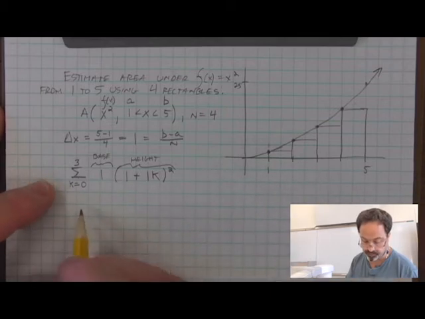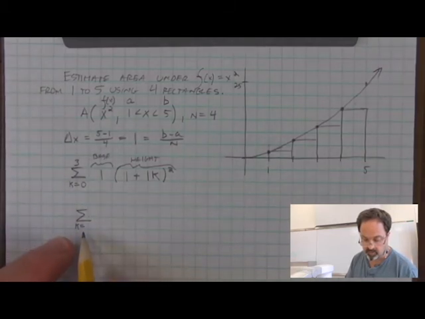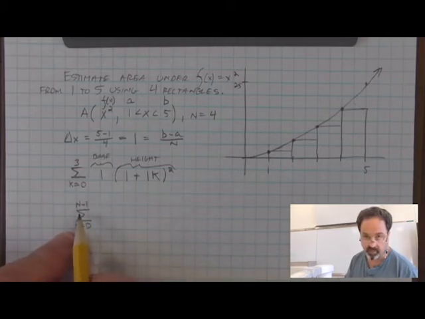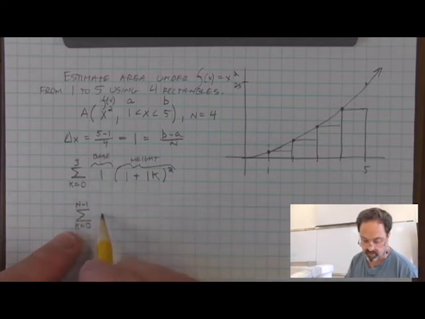In general, it's good to start a left-hand estimate with an indexing variable of 0. And if we do, we always go up to 1 less than the number of rectangles that we're going to use. The base is delta x.